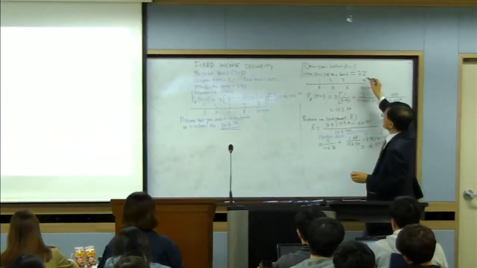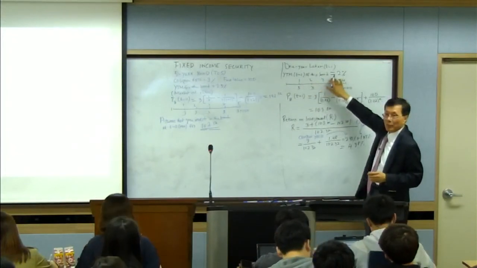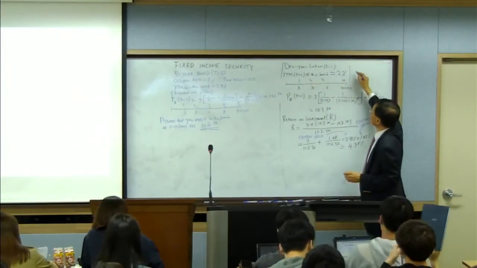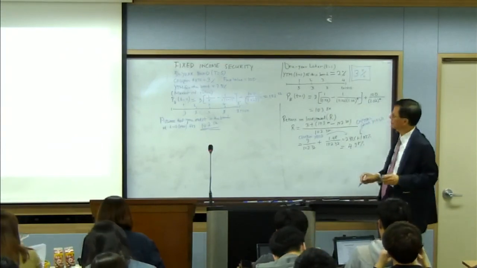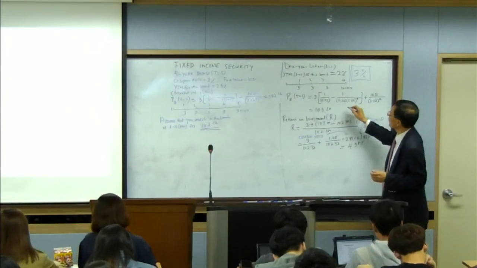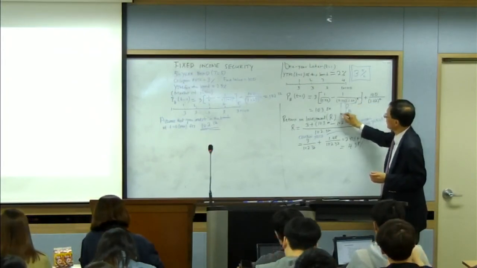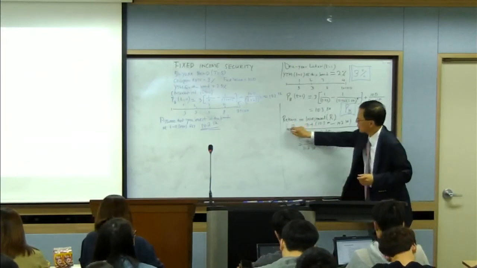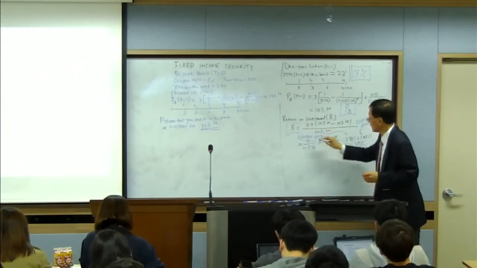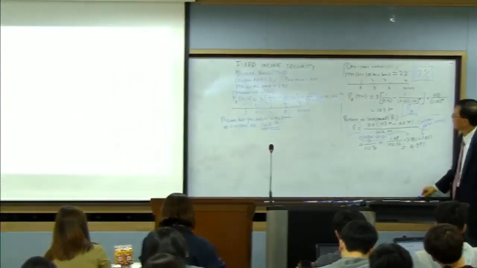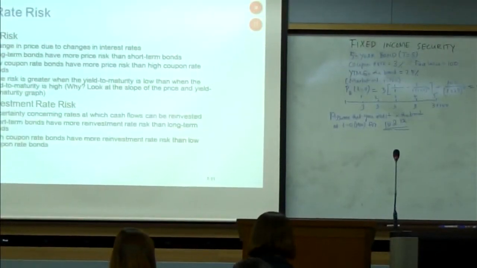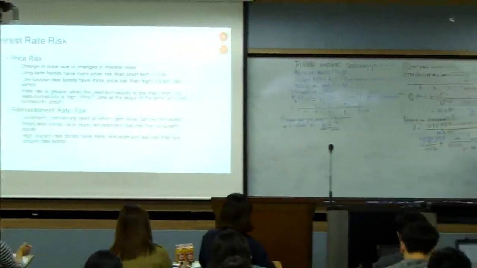Now here is a homework that you should do by Wednesday. Instead of yield to maturity of the bond being 2%, let's say that it's 3%. I want you to compute the price of the bond, and I want you to compute return on investment with coupon yield and capital gains yield. You compute the ones that are put in boxes: PV, R, and coupon and capital gains.